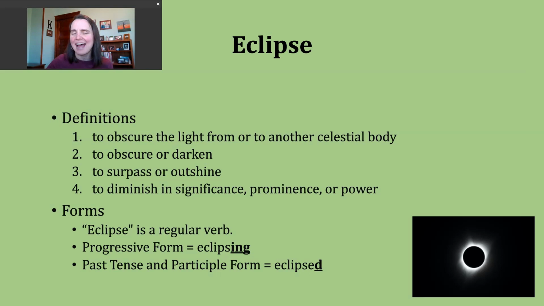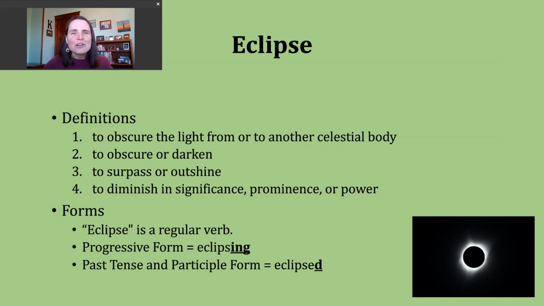I've got an example of that in just a moment as well. A fourth way to use the verb eclipse can mean to diminish, which is kind of reduce, in significance, prominence, or power. So again, we'll talk a little bit about that just a little later.